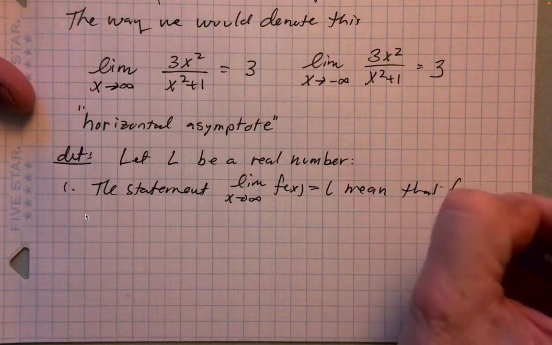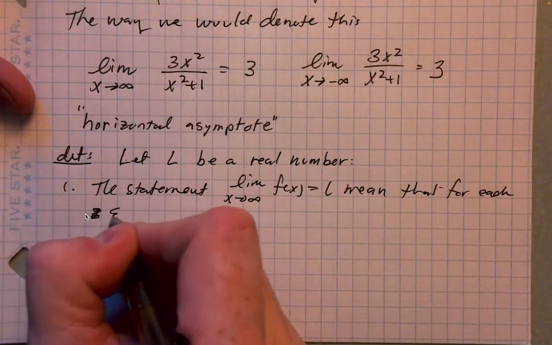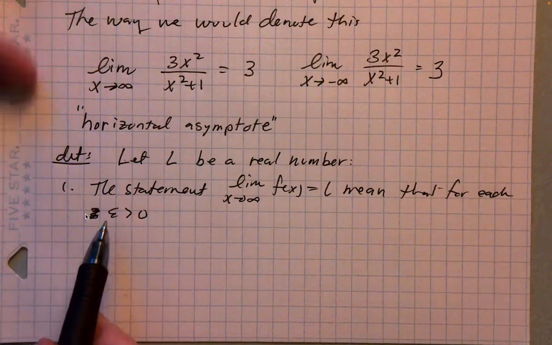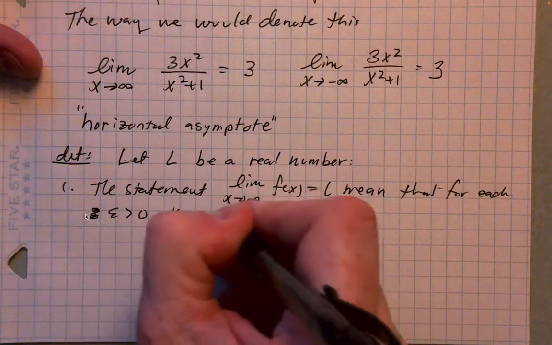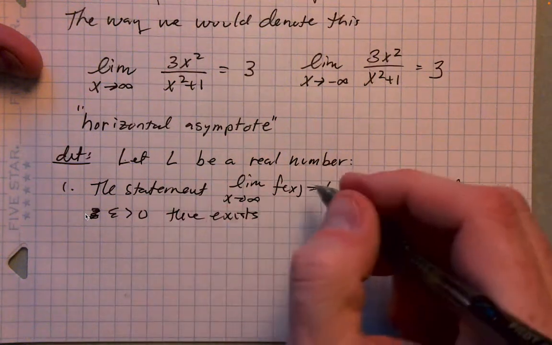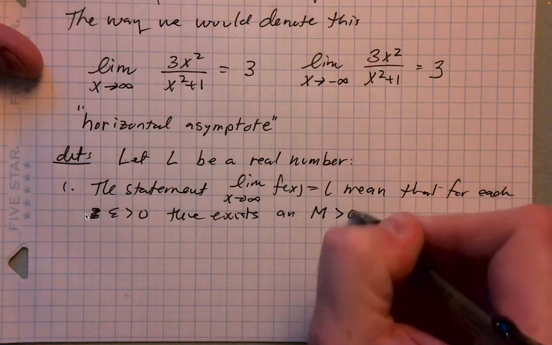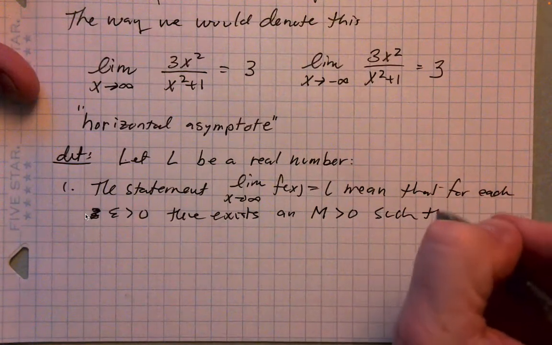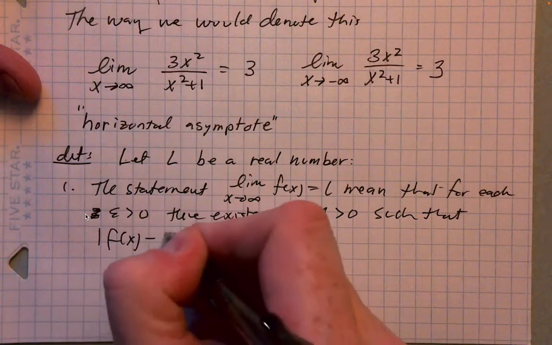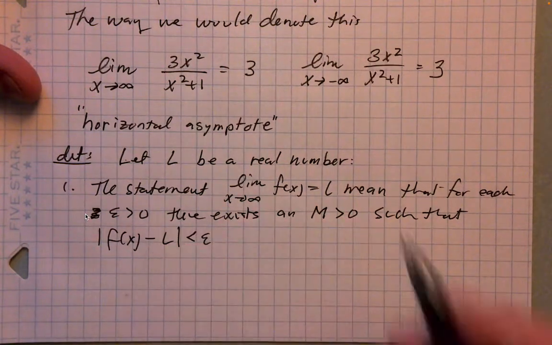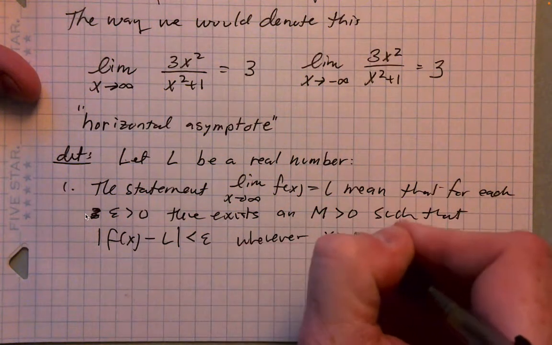It means that for each epsilon greater than 0, so this is again some tiny positive quantity, there exists an m greater than 0 such that |f(x) - L| is less than epsilon whenever x is greater than m.